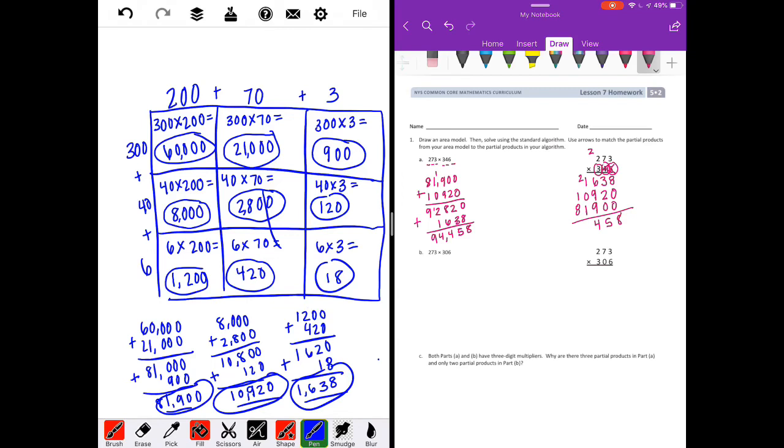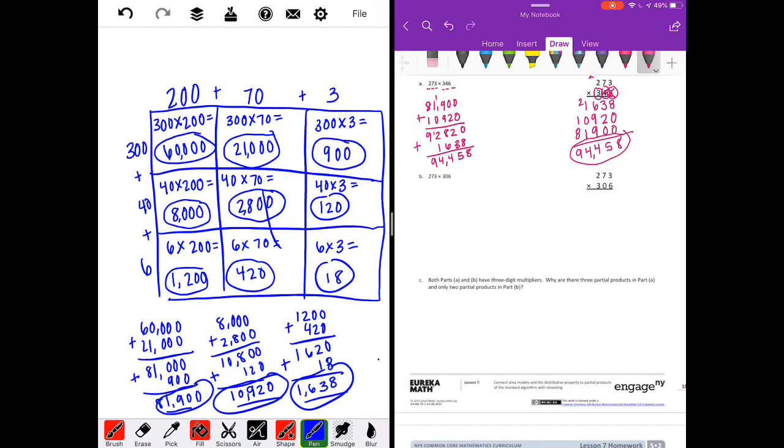Carry the 2. 94,458. So now you can see why the standard algorithm is much simpler when you have a much larger problem, because that area model is huge and there's so much to add.